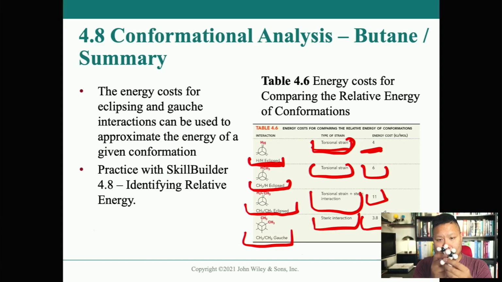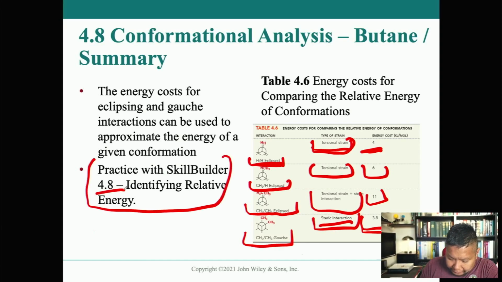At gauche, it's mostly not even torsional strain; it's just steric strain, and it's at 3.8 kilojoules per mole. So practice with Skill Builder 4.8 to identify relative energies when you're doing Newman projections. Okay.